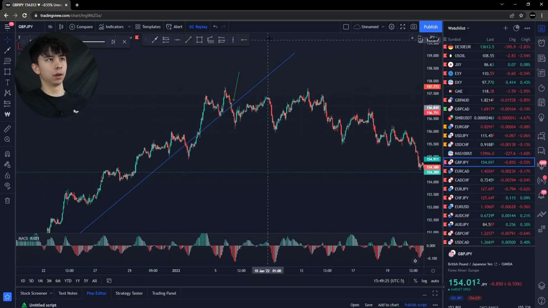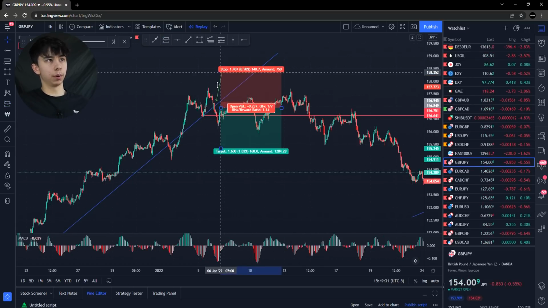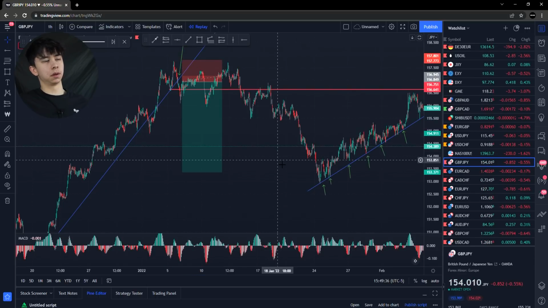Price broke the trend here and also broke this low. So if we waited for price to come back up and test this zone again and had our stop above, like I said, this would be another easy trend trade right there. So it's really simple, really easy, and there's not much to it, right? Just as long as you wait for price to break the trend and that low, you'll be good.